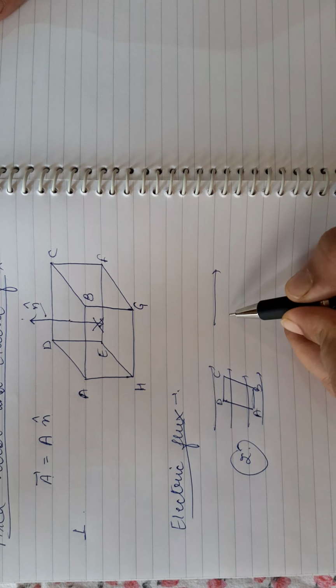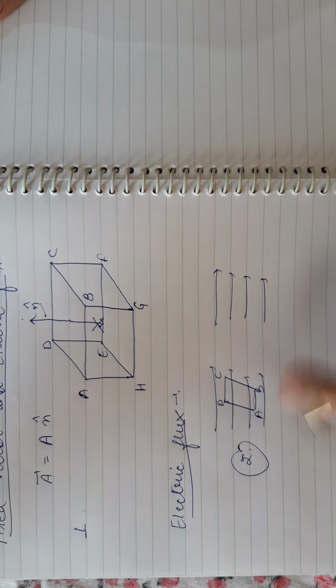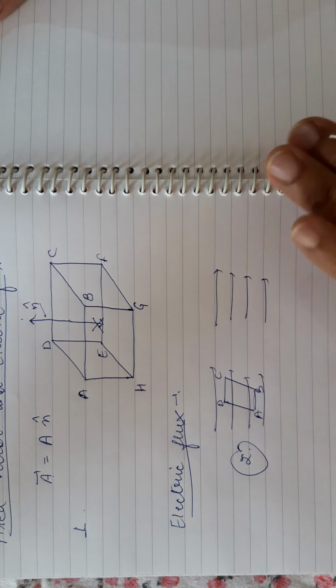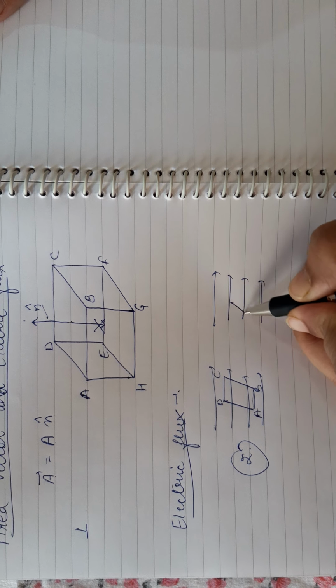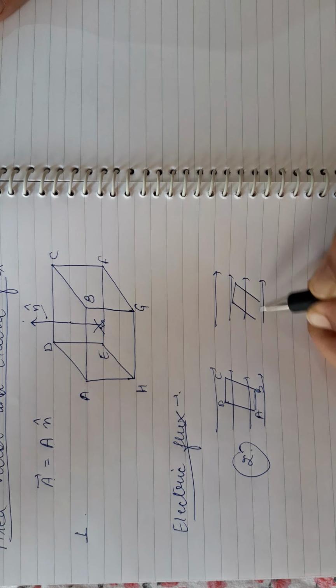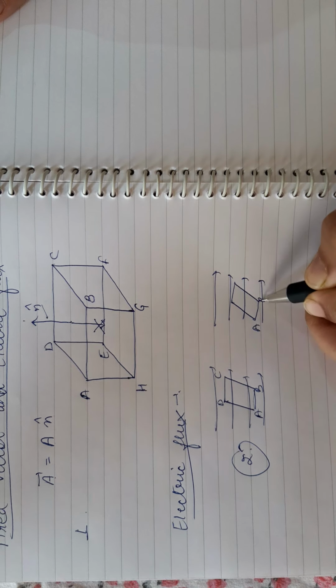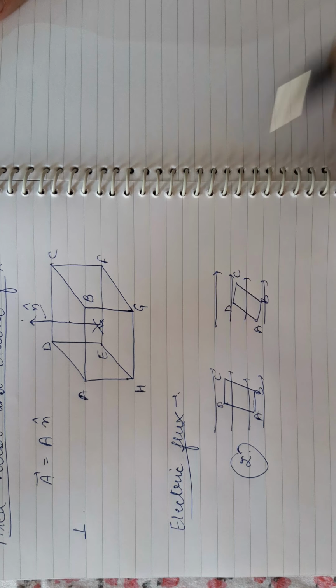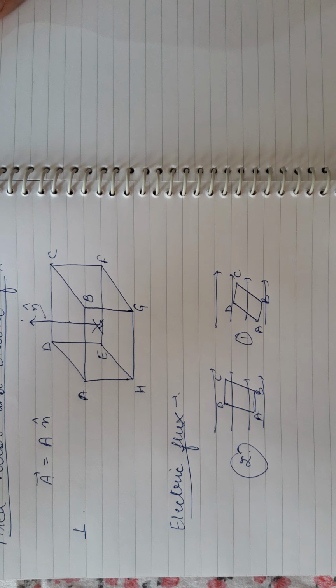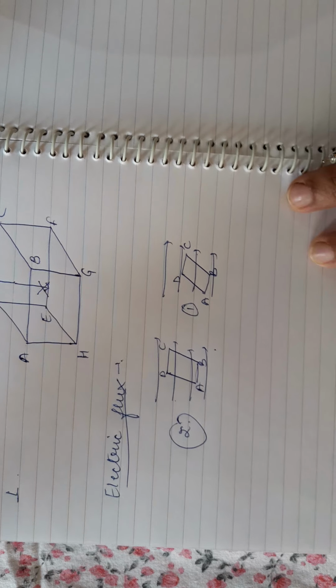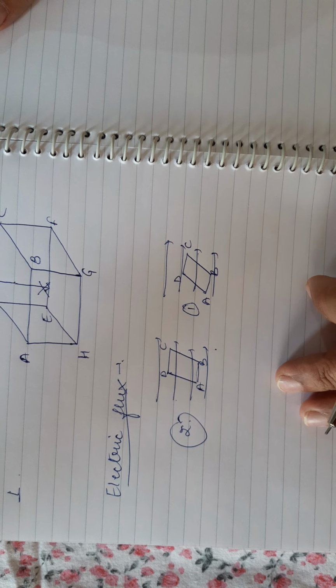Now in the same field, the same area ABCD, if I tilt it a little bit, suppose I incline it like this, then only one electric field line passes through that same area. So the number of electric field lines crossing this area element is proportional to the electric field intensity and also the surface area, and this combination is known as the electric flux.